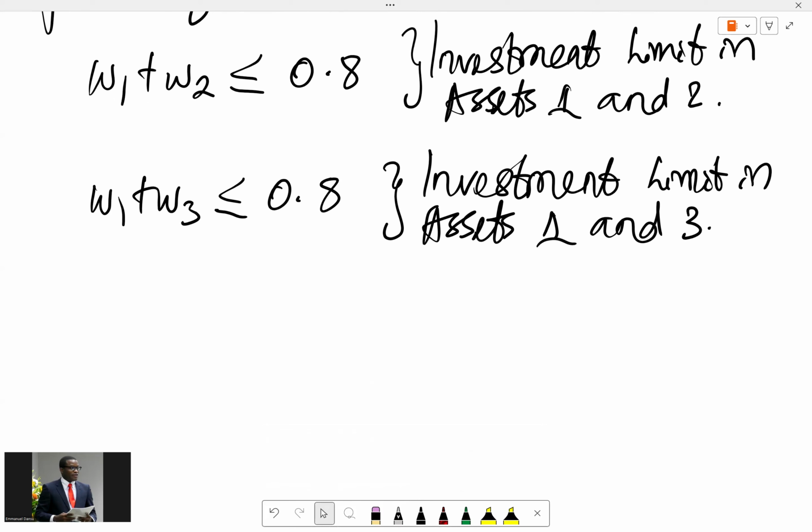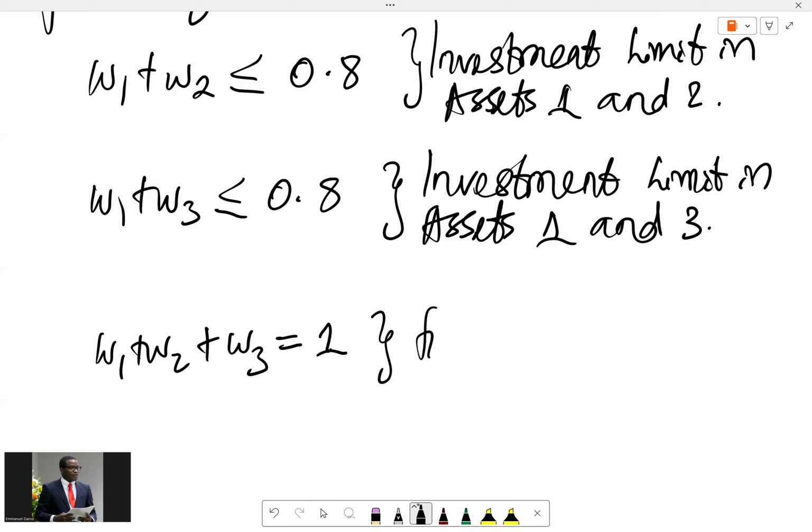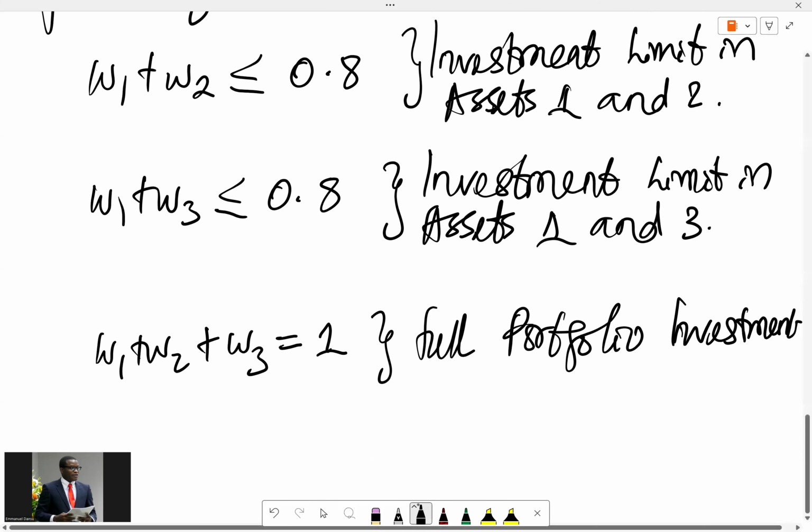Then we have W1 plus W2 plus W3, which cannot exceed one. That is the full portfolio investment. If you add everything up, you shouldn't exceed one normally.